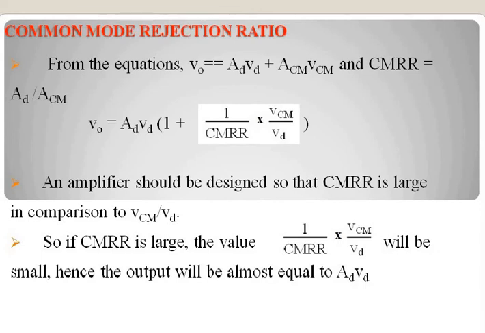But in the practical case, there will be some value for this term, so there will be a slight variation in the output voltage from AD VD. Thus we come to the end of this explanation of what is common mode rejection ratio. Now we can see some numericals based on this.